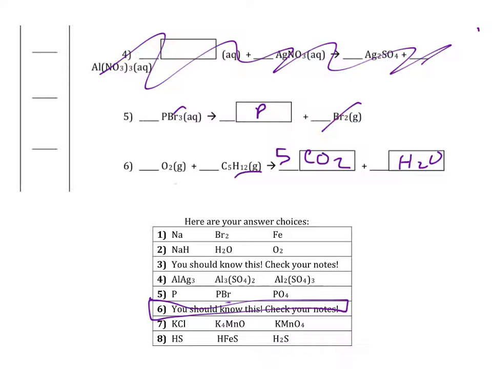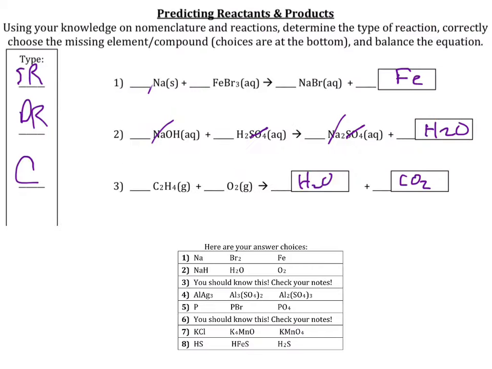There's 12 hydrogens here, so we need to put a 6 here to give us 12 hydrogens. And if you look, there's 2 oxygens, and then we have 10 plus 6, which is 16, which means that we need to put an 8 here to give us 16. And so again, after you predict the products, you can go back and balance it, and it's easy peasy. That's all there is to this concept.